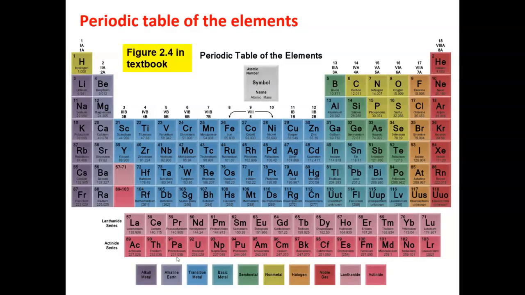The rows are called periods, that's why it's called the periodic table. The atoms get bigger across each row. And so this is the smallest atom, hydrogen. It's just 1 proton and 1 electron. Not even any neutrons. This one, helium, has 2 protons and 2 neutrons.